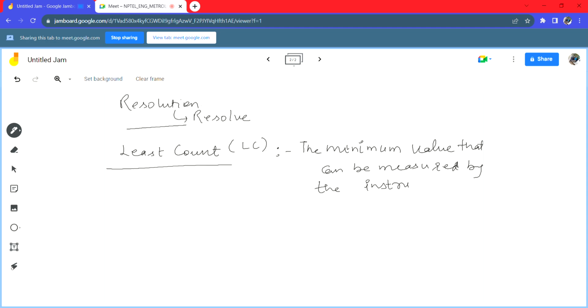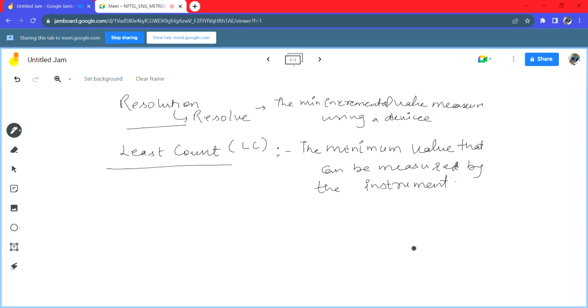Now, what does that mean? Before coming to it, let's see what resolution is. If I say what is resolution, we can say it is the minimum incremental value measured using a device or an instrument or a measuring system.